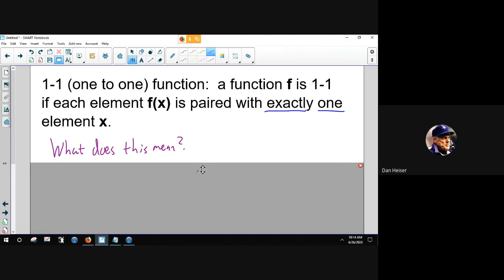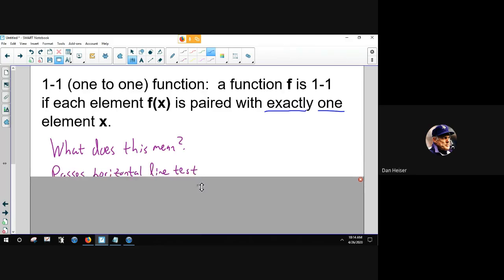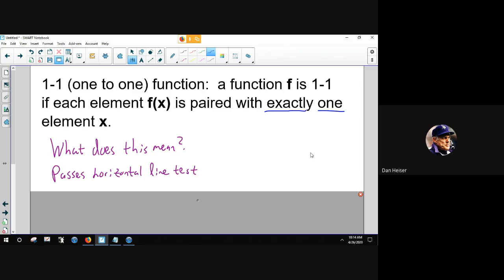So what does that mean? Well, we know a function has to pass the vertical line test. Every x only gets to have one y. So now if every y only gets to have one x, one-to-one functions pass the horizontal line test also.